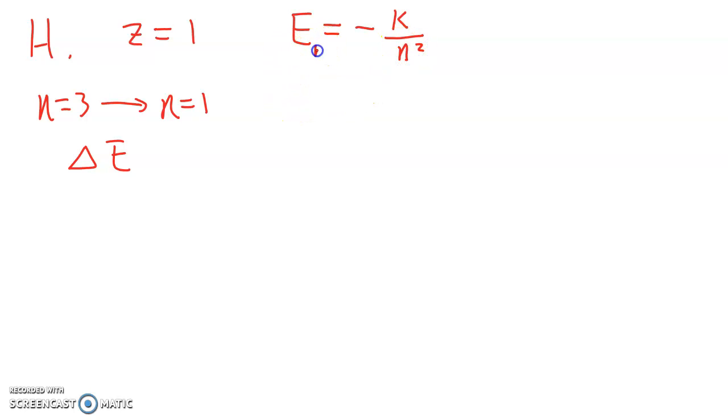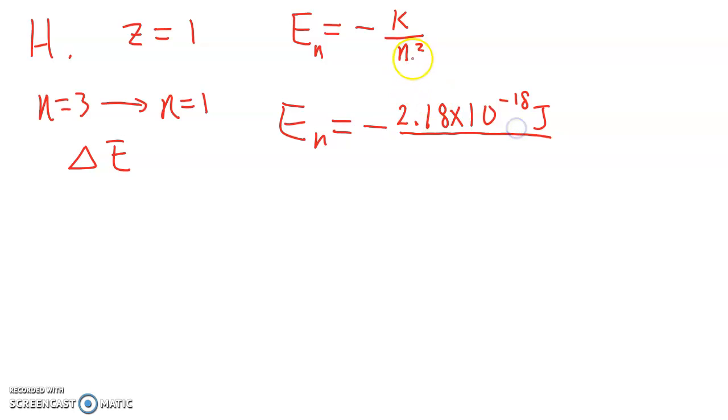Okay, so let's try some numbers. It says from N equal to 3. So when N equal to 3, what is the energy equal to? Energy will be equal to negative K, where K is the constant 2.18 times 10 to the negative 18 joules, divided by N squared.